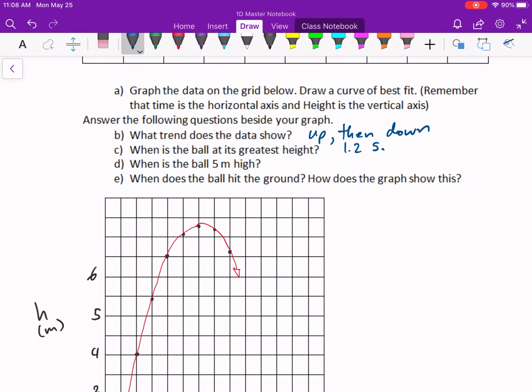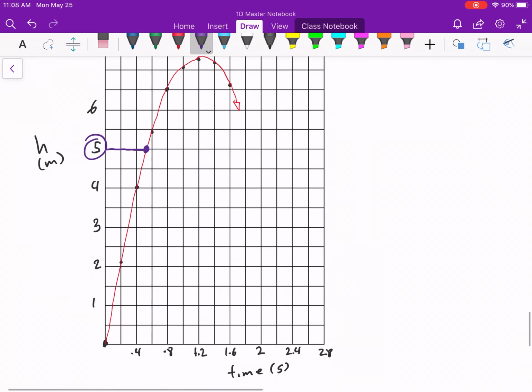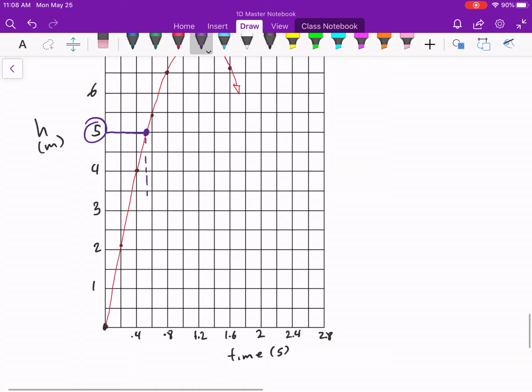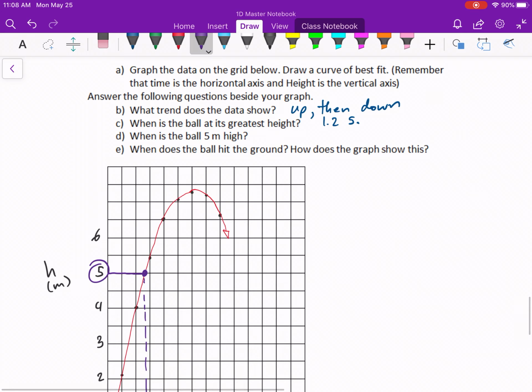When is the ball at 5 meters? Well, 5 meters is here, so if I go down to this, just under 0.6 seconds, but more than 0.5 seconds, so maybe 0.55 seconds, something like that.